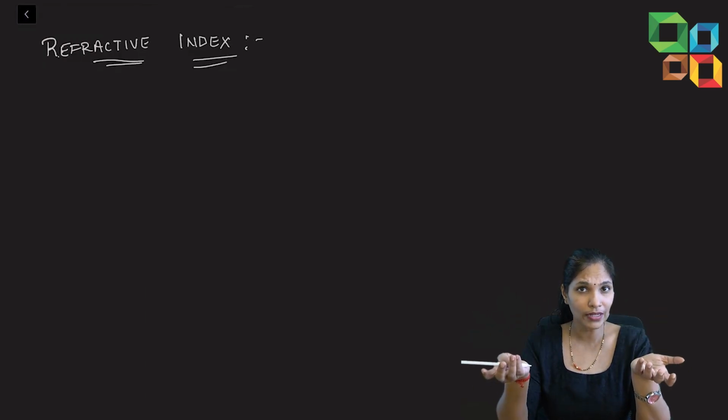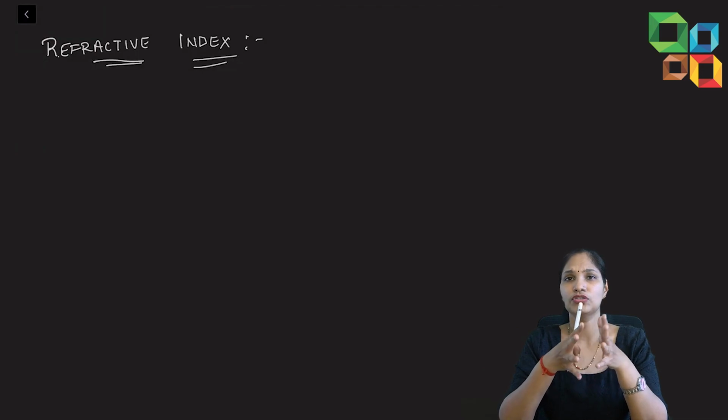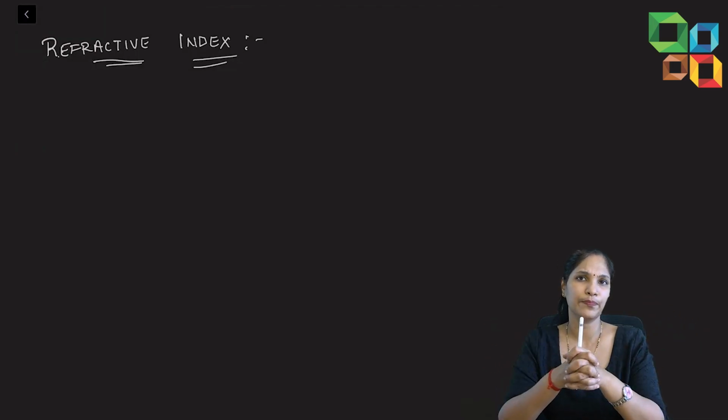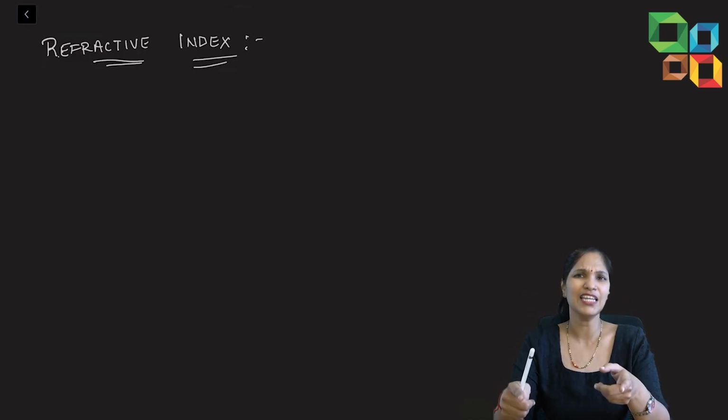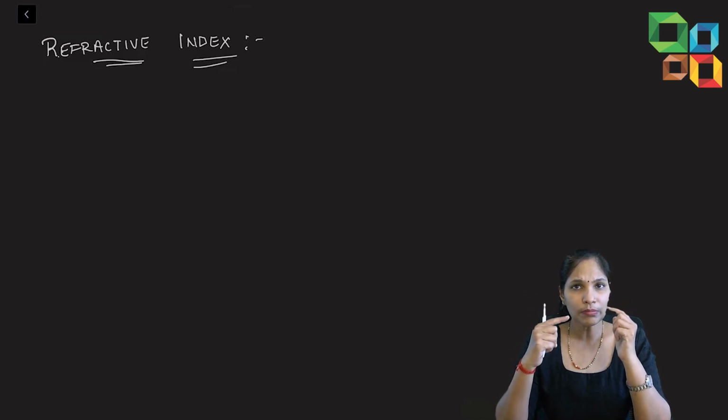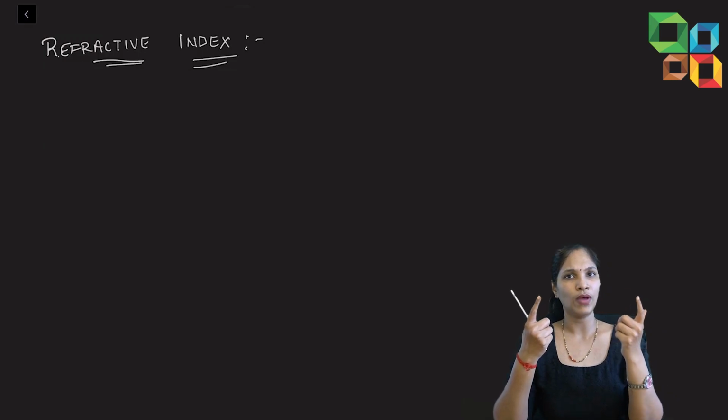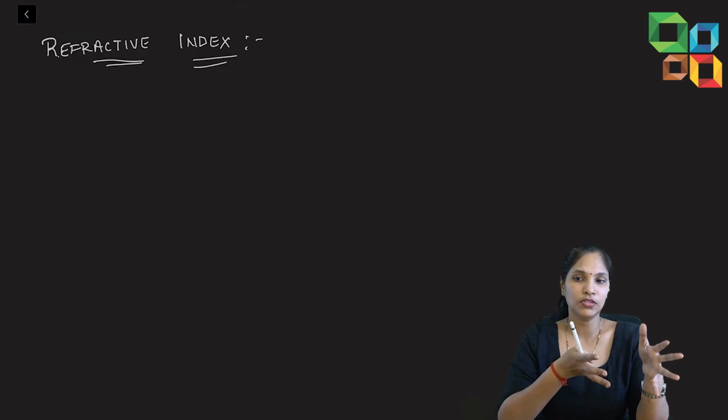And it's a known value and it's not going to change in vacuum at all. It's going to be the same. So that will be taken as standard value here. So absolute value of any medium, refractive index of any medium will be in comparison with vacuum. And that is absolute value.